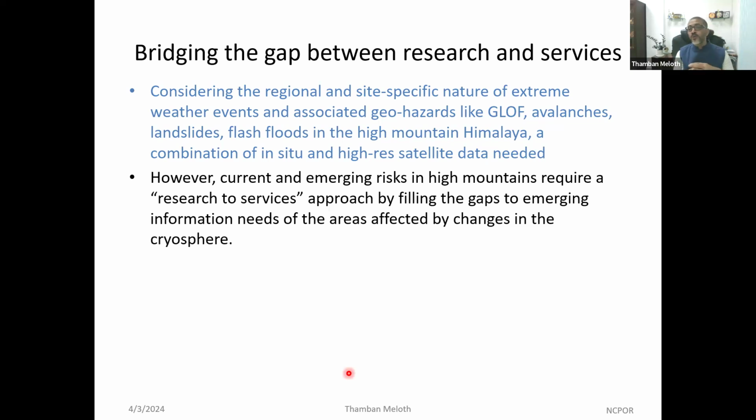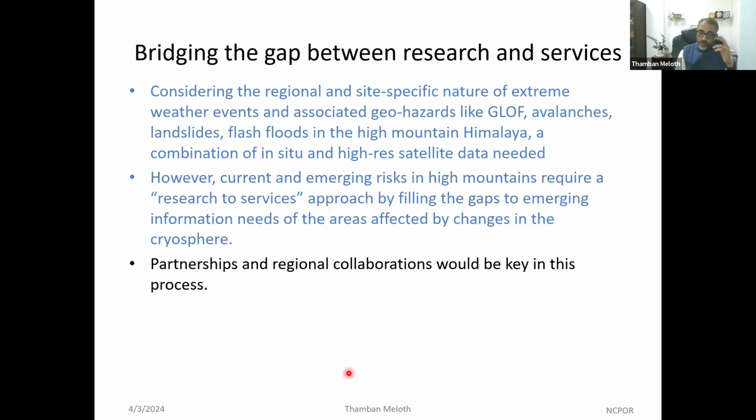The other thing is giving real-time data for forecasting what could happen. So research to services is something that is still in its infancy. In fact, for most of the high mountain and glaciers, this is the gap which needs to be filled, and partnerships as well as regional collaboration would be key in this process.